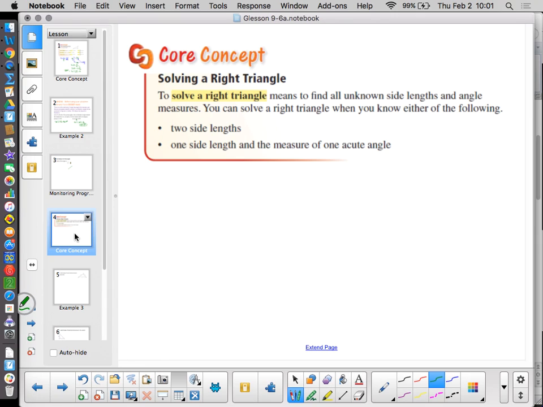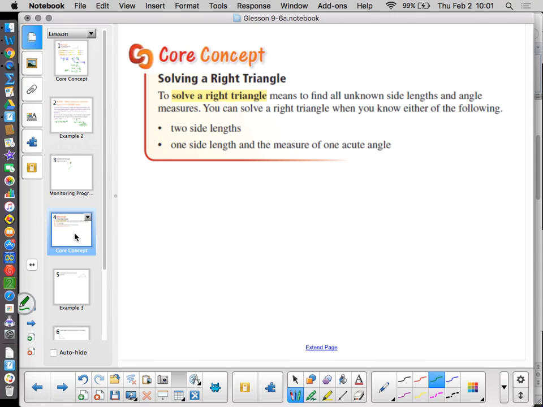All right, now that we have this inverse function, we can actually do what's called solving a right triangle. Solving means finding all the side lengths and all the angle measurements in a right triangle. In order to do this, first we have to know we have a right triangle, which means we know one angle.